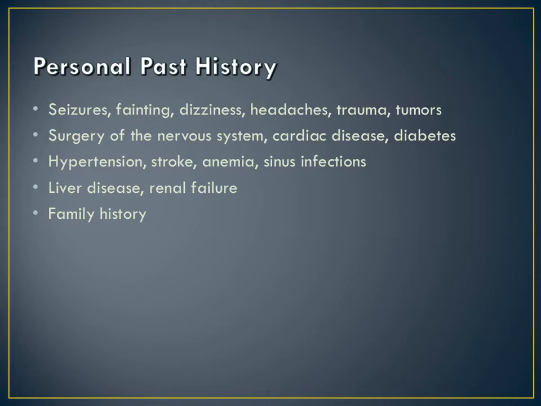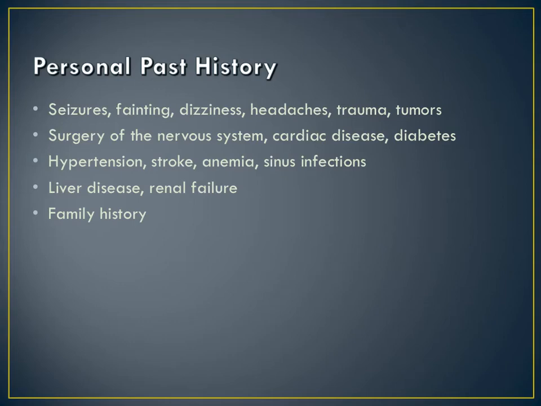So you want to look for any type of neurological disorder, seizures, fainting, dizziness, headaches, trauma, tremors, any type of chronic diseases such as multiple sclerosis, myasthenia gravis, Lou Gehrig's disease, Parkinson's. Also, one thing that's not written on here too is look for any kind of birth injuries, particularly if they led to cerebral palsy.